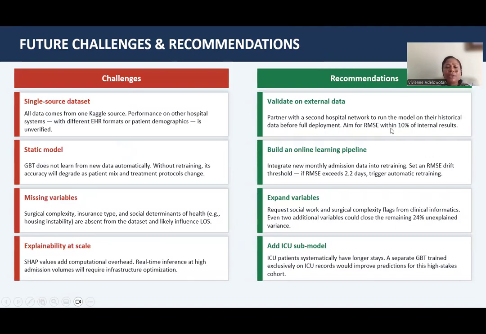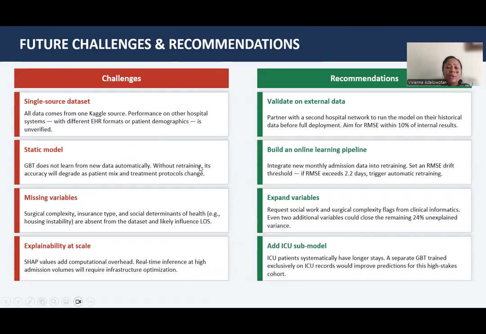Future challenges and recommendations. The biggest structural limitation in this data set is that it is self-contained.